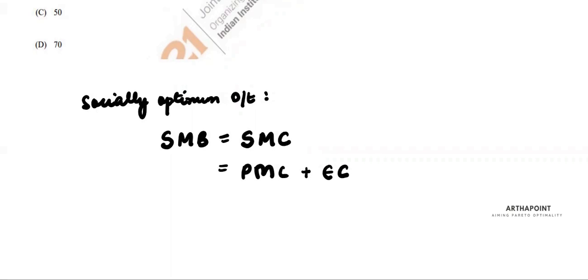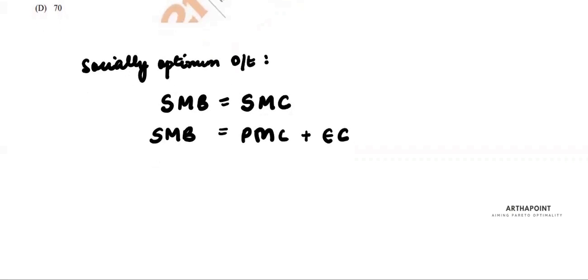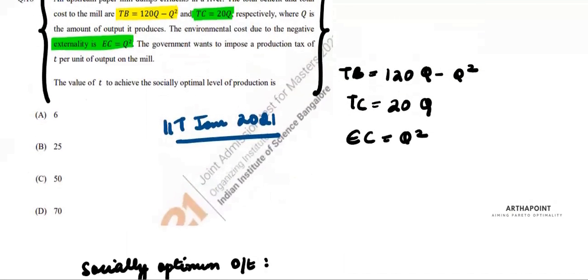So optimum output is where social marginal benefit is equal to private marginal cost plus external cost. Because, in our question, private marginal benefit and social marginal benefit are synonymous. There is an external cost, but there is no external benefit involved.